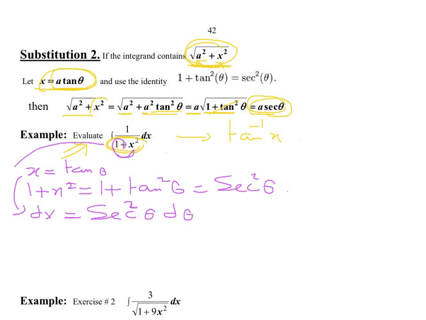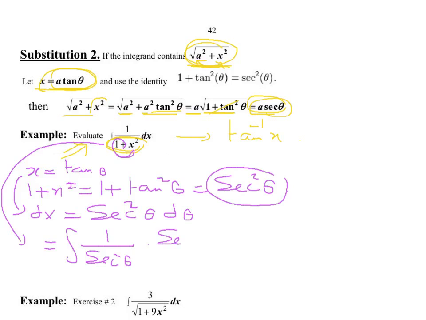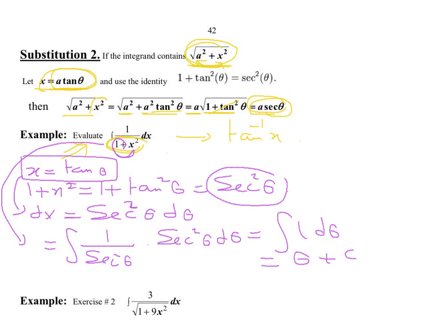So the integration will be equal to 1 divided by 1 plus x squared as secant square, and dx is also secant square, and we are going to have integration of 1 d theta, which is equal to theta plus c. And theta from the first substitution is equal to tan inverse x.